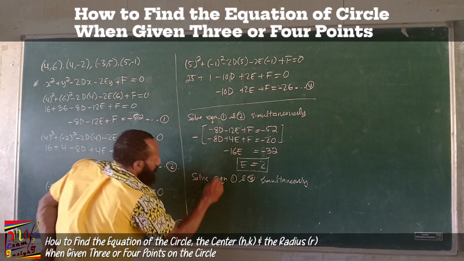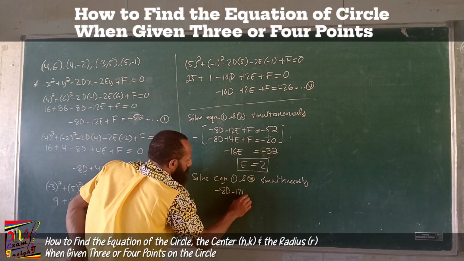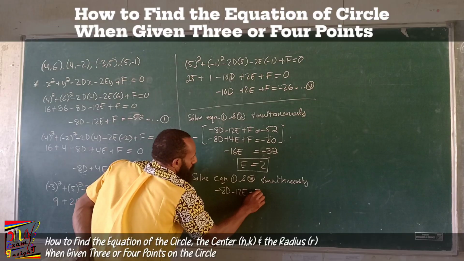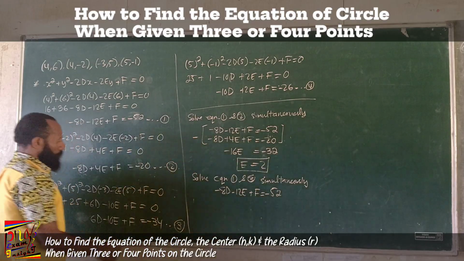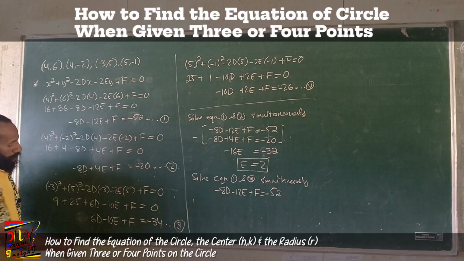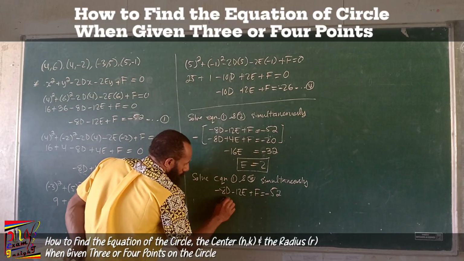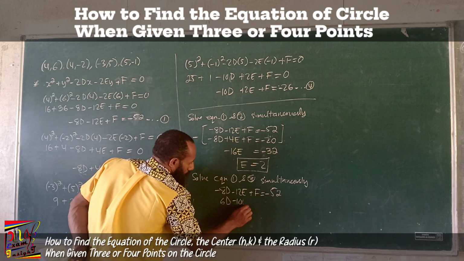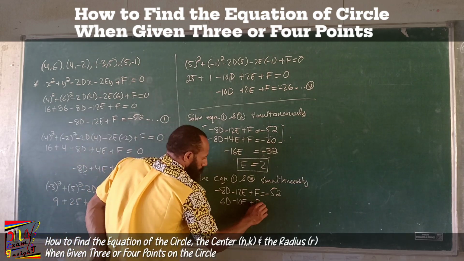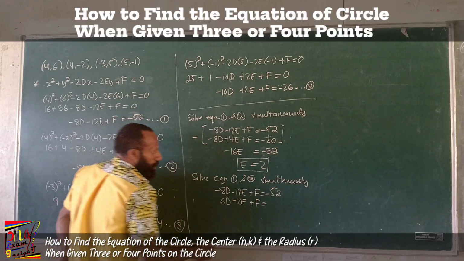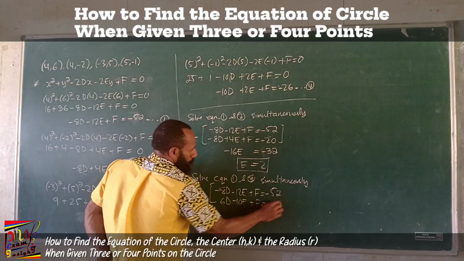Alright, equation 1, we still have minus 8D minus 12E plus F equals minus 52. Okay, equation 3, we have 6D minus 10E plus F equals minus 34. Alright.